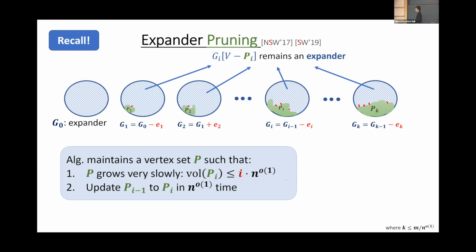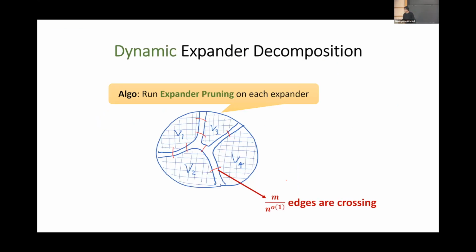Now, if you have this expander pruning algorithm, all you need to do is, given the whole graph, first you compute expander decomposition to get this first decomposition. Now, when you get a sequence of edge updates, let's finish this concrete application and then take a break. So how do you get dynamic expander decomposition?